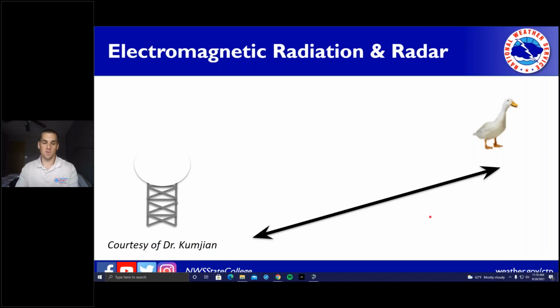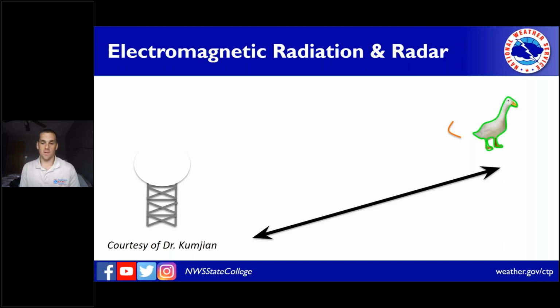As this slide suggests, you see that beam propagate out away from the radar, out toward the target. In this case we may have birds flying out in the atmosphere. The beam hits that, and that measured reflected power works its way back to the radar, and that's the readout you see when you look at a reflectivity image.